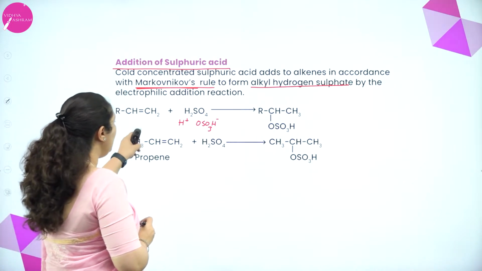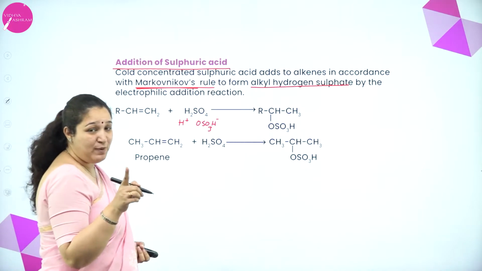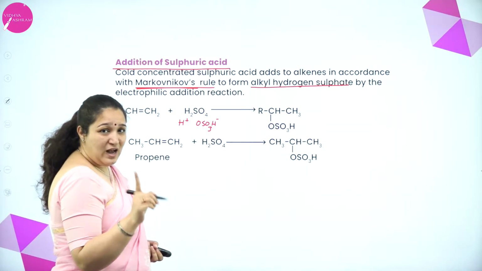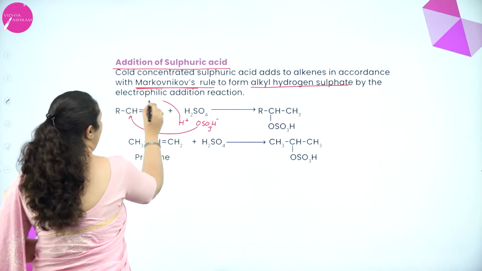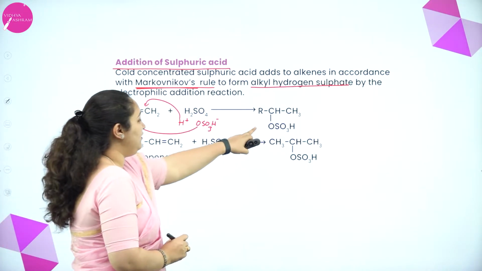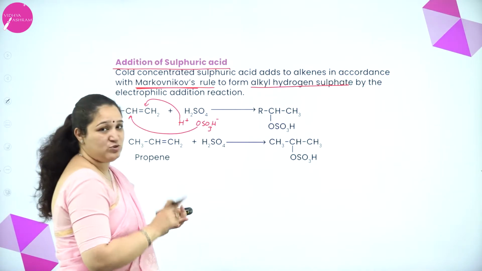The negative part has to go to the carbon atom containing the least number of hydrogen. So this will go here and H plus will go here to give this particular product, which is alkyl hydrogen sulfate.